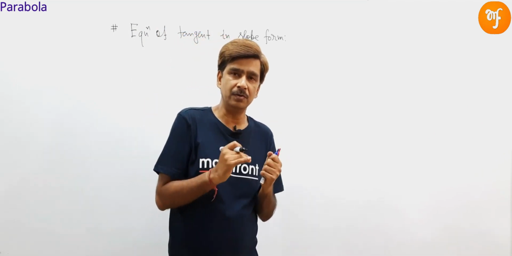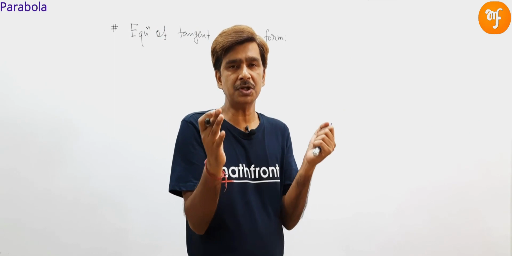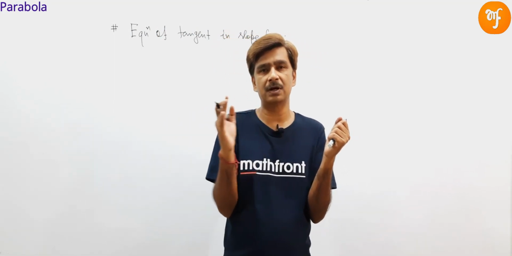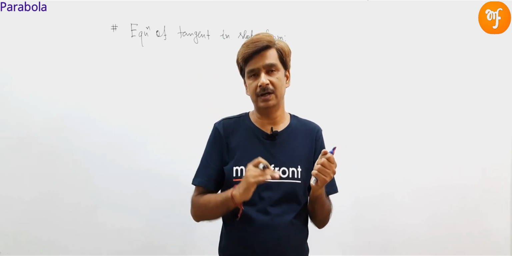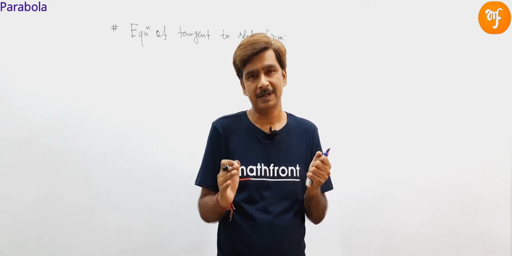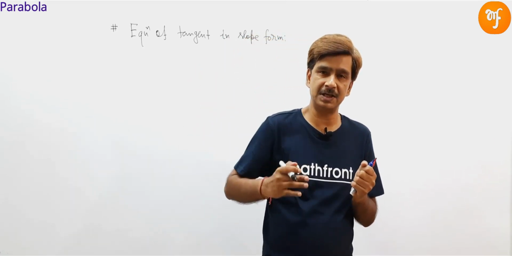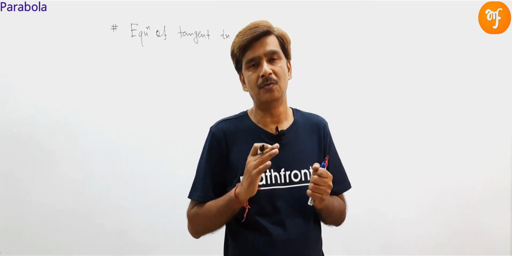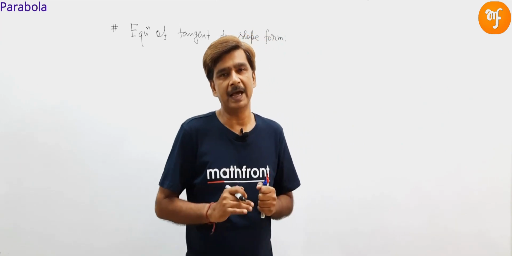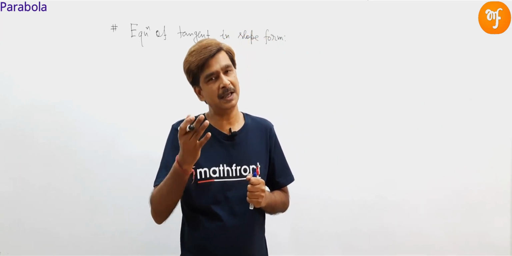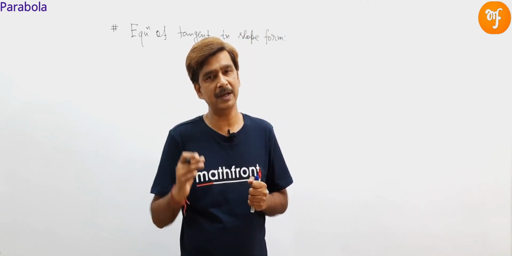We know if the equation of the parabola is y square is equal to 4ax and any tangent on it has slope m, then the equation of the tangent can be written in the form of y is equal to mx plus a by m. And the point of contact will be a by m square comma 2a by m.